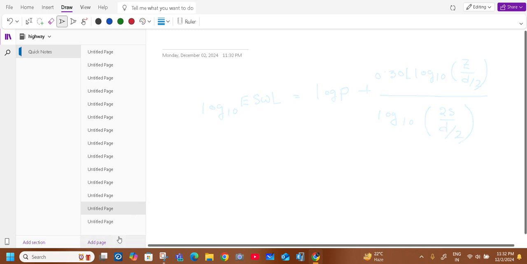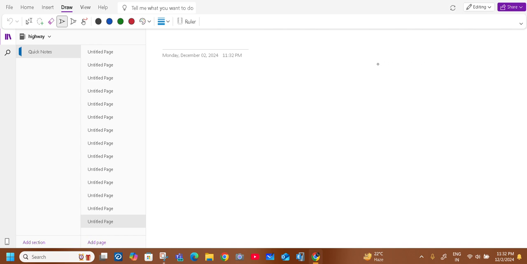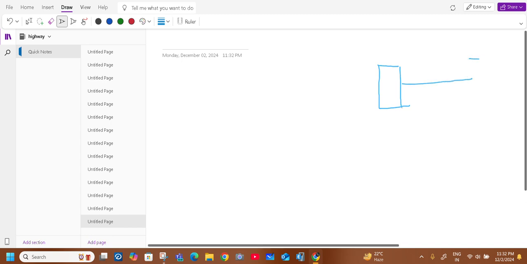So let us try to solve a problem. Suppose this is a dual wheel assembly carrying P. Each wheel applies a force of 20,440 Newton.